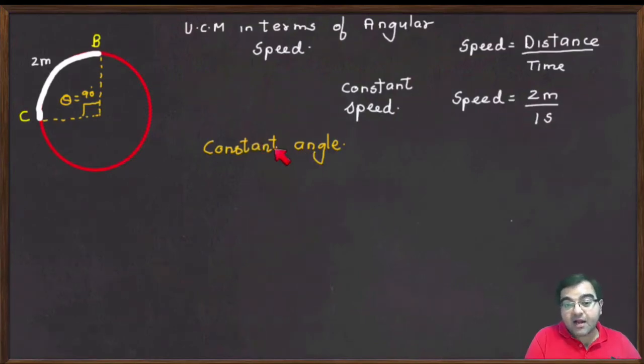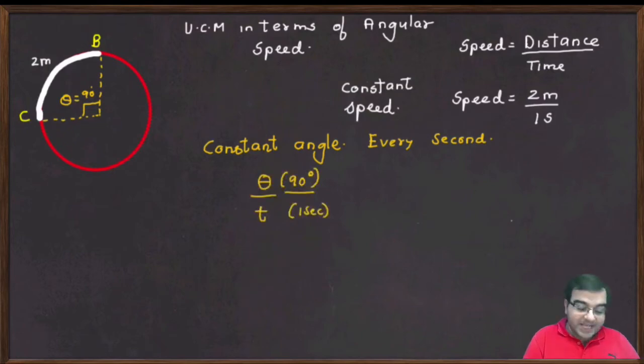It was covering 90 degrees in every second. In the first second it covered 90 degrees from A to B. In the next second it covered 90 degrees from B to C. So the angle covered was a constant one in uniform circular motion.